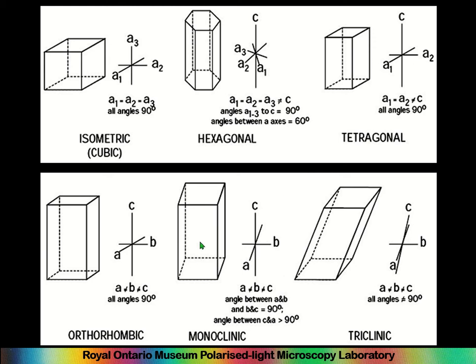And when we get to extinction, which is not about dinosaurs, but about when you rotate the stage of a microscope, which is an important aspect of a polarized light microscope, you will at some time align the crystal so that it is parallel to the direction of the polarized filters, and it will disappear.